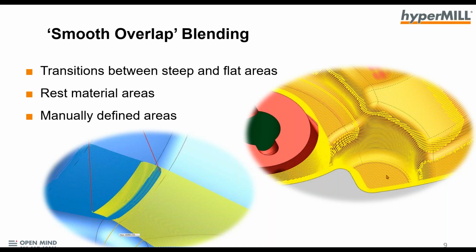So this is really all about quality and surface finish optimization. In this instance, we can see between the flat areas and the steep areas, we've had a really nice overlap there, and more of this will be shown by Josh in his presentation.